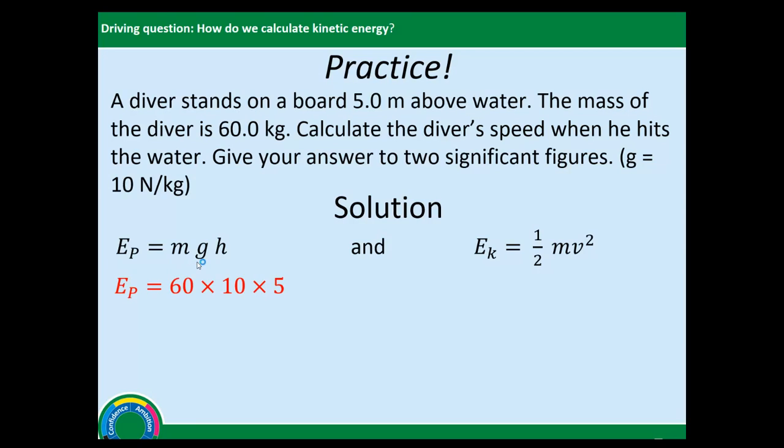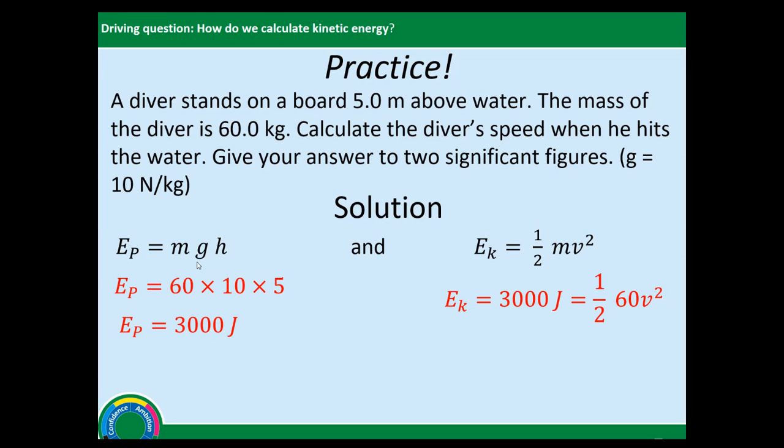So the moment the diver jumps off the diving board, his gravitational potential energy starts decreasing and converts itself to kinetic energy, which increases. And just before the diver hits the water, all of his gravitational potential energy would have been converted to kinetic energy. Hence, the 3000 joules is now equated to half mv squared. We are assuming there is no air resistance.